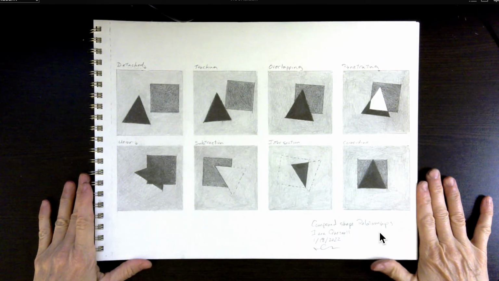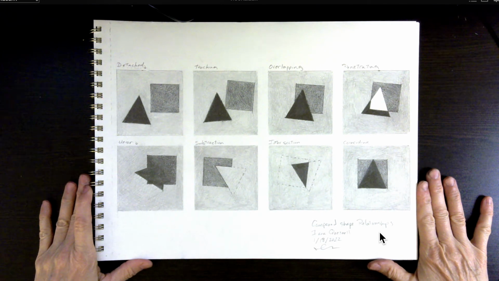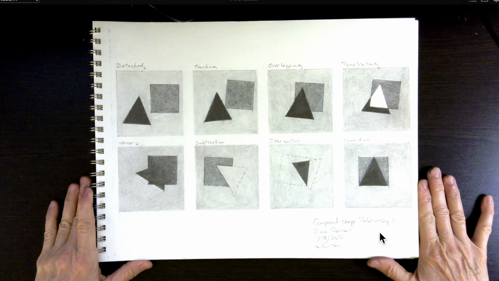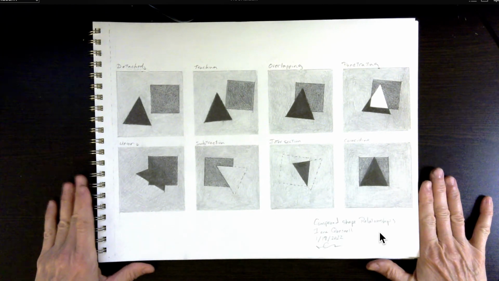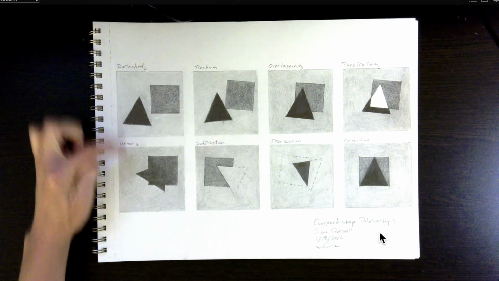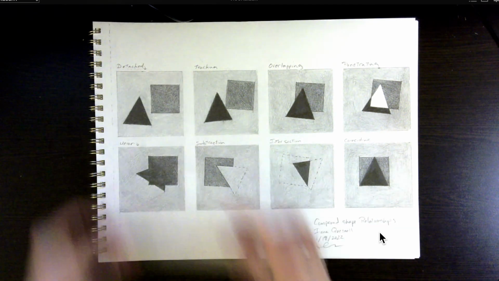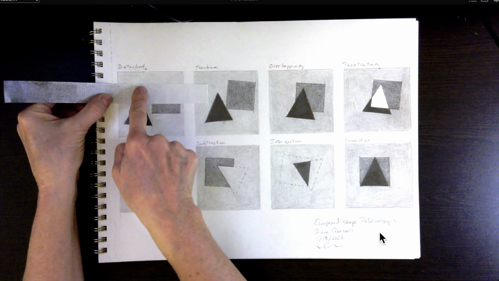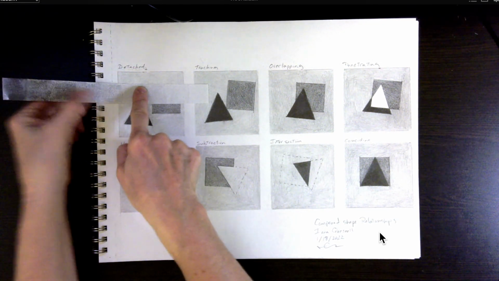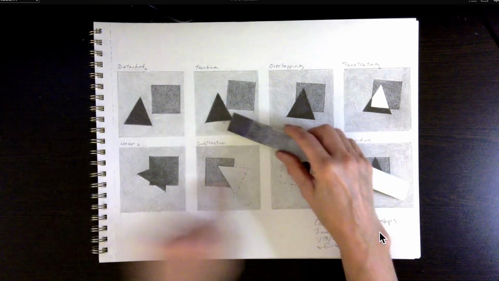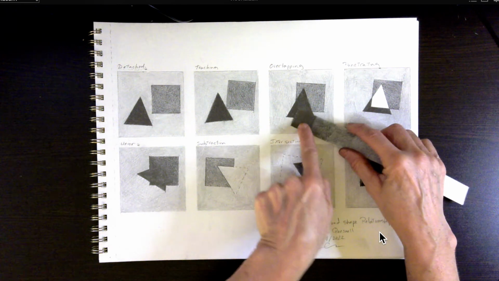Here's an example of a completed compound shape relationship sheet with 8 thumbnails showing all 8 compound relationships, with the negative space in each thumbnail completely shaded in a 4, a high key value of about a 4 on a scale of 1 to 9, and the triangles are all shaded in at a 9.